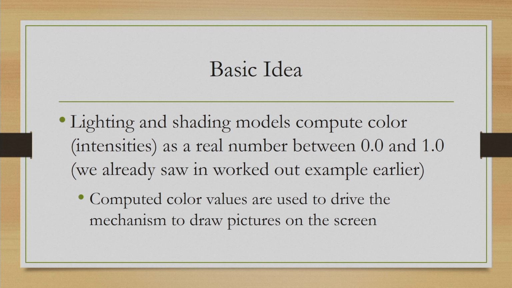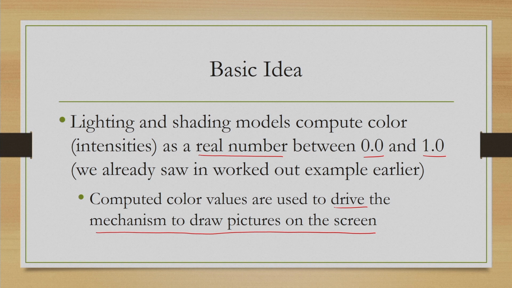If you may recollect, during the worked out examples that we discussed in the previous lectures, we have seen the computation of intensity values, and those values are real numbers, typically within the range 0 to 1.